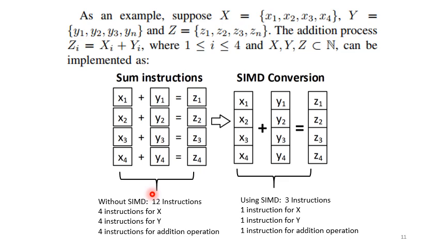However, if we use SIMD, all 8 values, 4 values of X and 4 values of Y, can be loaded into CPU registers using only 2 instructions. After this, all the values will be added using a single addition instruction. In other words, addition can be performed simultaneously on all 4 values of X and Y. In this way, the task that was naively done by 12 instructions can be performed by only 3 instructions.